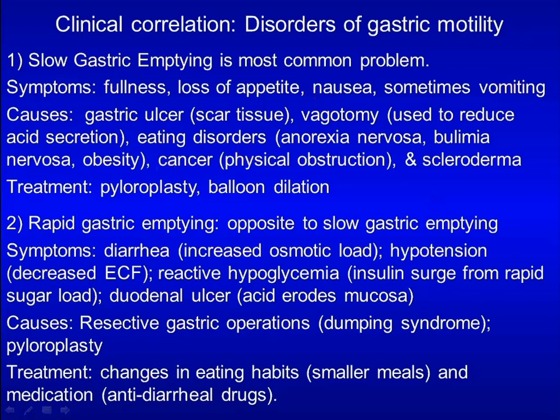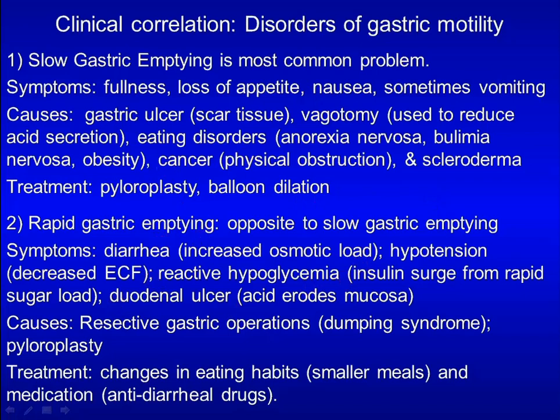For treatment, balloon dilation can be helpful. The opposite condition is rapid gastric emptying. Patients with this condition often have diarrhea, hypotension, reactive hypoglycemia, and duodenal ulcer.